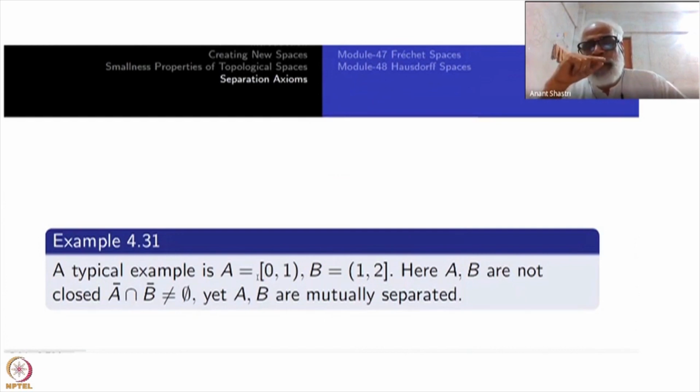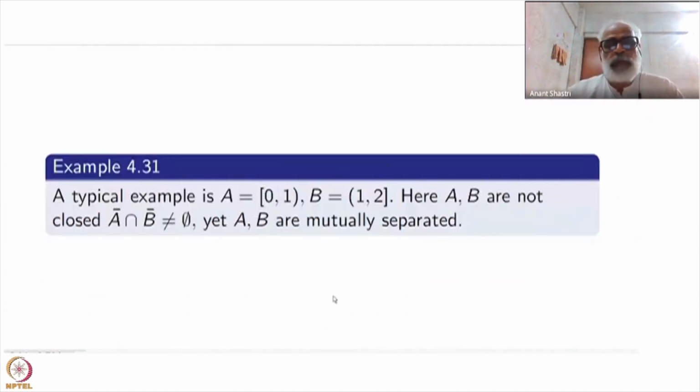But A and B are not closed, and A bar intersection B is empty, so A and B are mutually separated. Why? A bar is [0, 1] and 1 is not in B. Similarly, B bar is [1, 2] and 1 is not in A. So they are mutually separated. So this is a typical example. Inside R^n, you can construct many such examples.